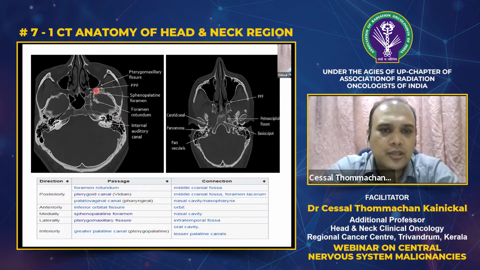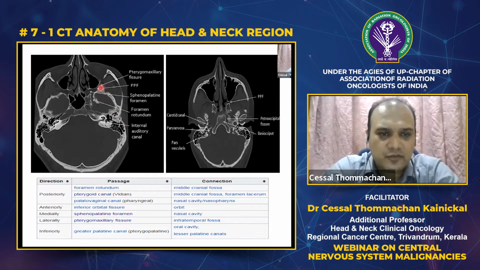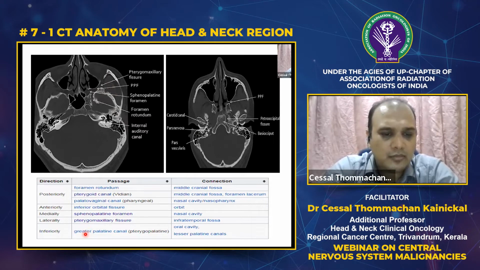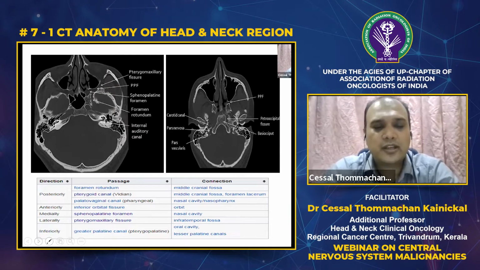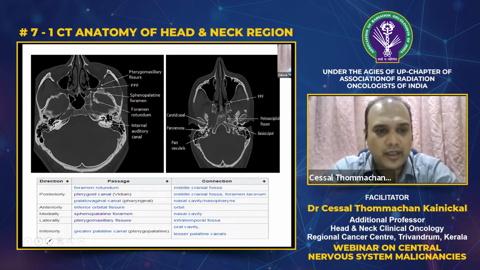You can enter the orbit through it. Then the pterygomaxillary fissure connects the pterygopalatine fossa to the infratemporal fossa. Then inferiorly, you have the greater palatine canal. I will discuss that when I discuss the hard palate, and how the pterygopalatine fossa is connected to the oral cavity.